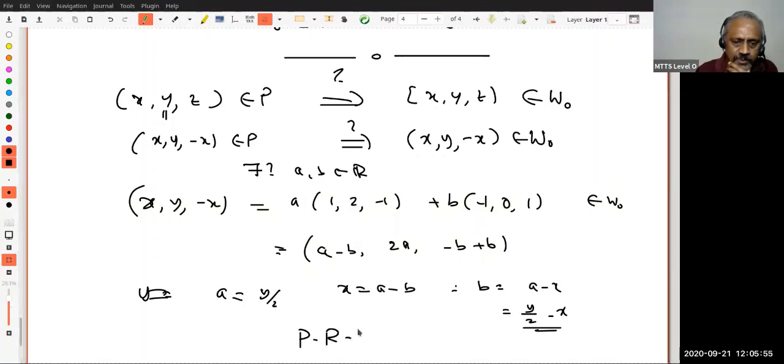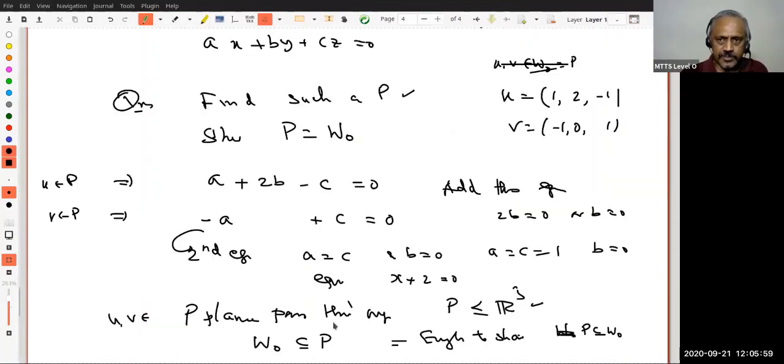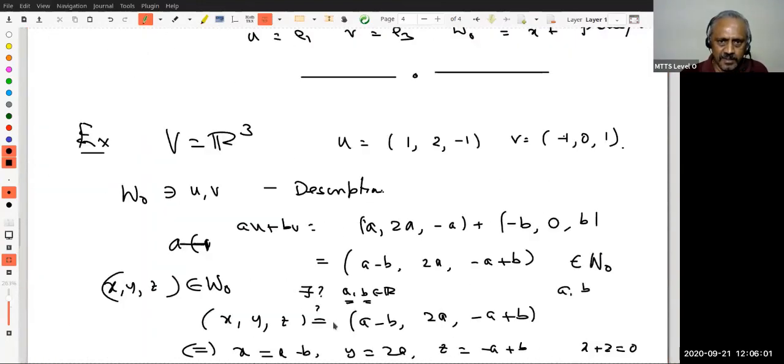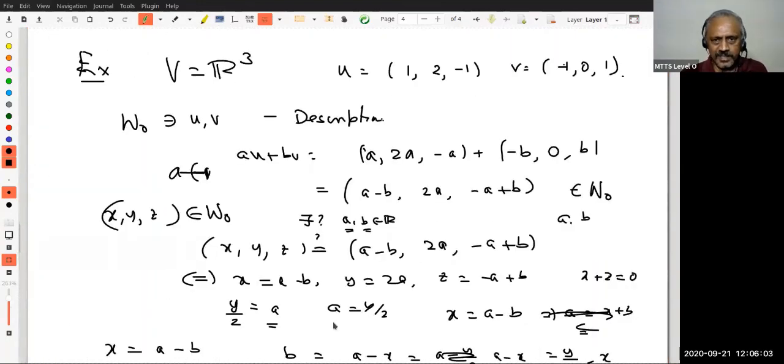So what have we shown? Don't be intimidated by this much computation. That's all easy. This is pure, standard algebra that you are doing. You should not get intimidated by this. But let's try to understand in summary what I have done.